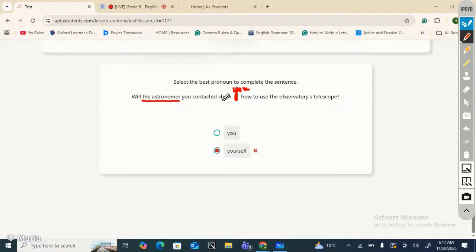Will the astronomer show you how to use the observatory's telescope? So astronomer is the subject. If astronomer is the subject, the reflexive pronoun should be himself, not yourself. But we are not referring back to the subject of the sentence. We are referring back to another person. So we use a personal pronoun.